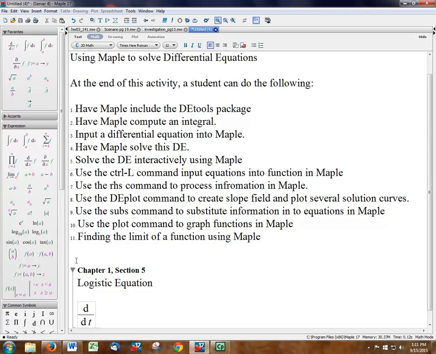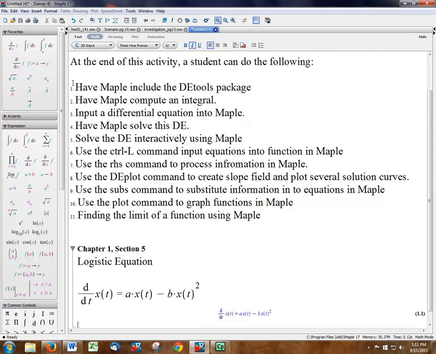Well, it's a derivative of some function x that's equal to some constant a times x of t minus some constant b times x of t squared.